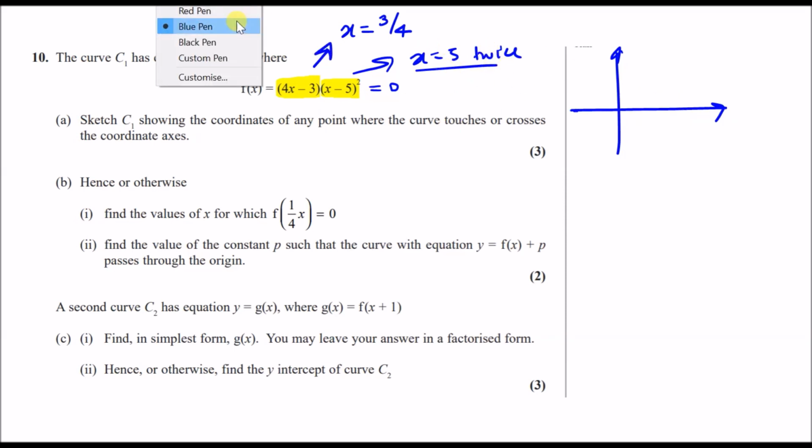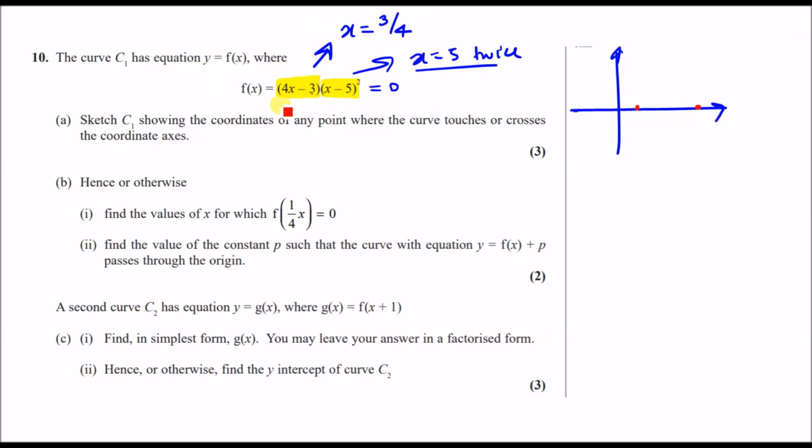Now to plot this, since we know what the coordinates are, it hits at 3 over 4, which we can say is there, and hits at 5, which we can just imagine is there. We also need to know where it hits on the y-axis now. A quick way to do this is to just multiply these constant terms.